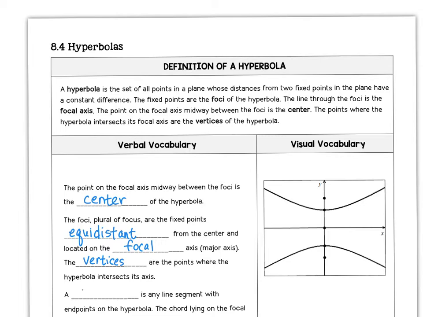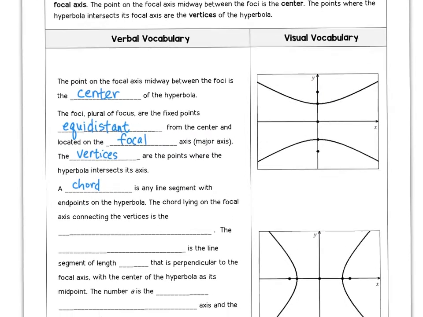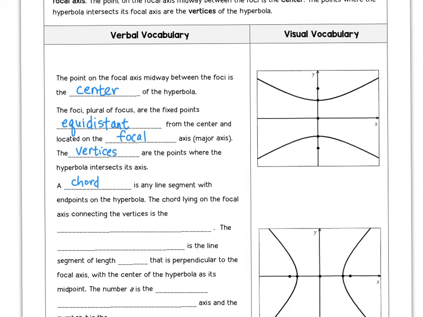A chord is any line segment with endpoints on the hyperbola. The chord lying on the focal axis connecting the vertices is called the transverse axis, and it's the distance of 2a, which we're going to see in just a minute.